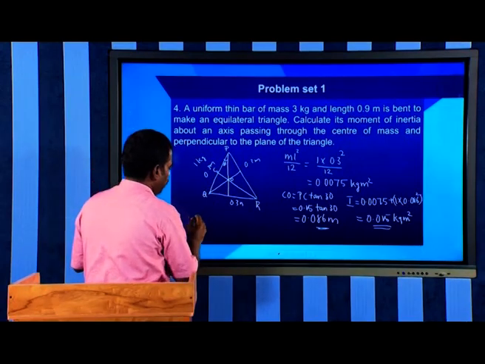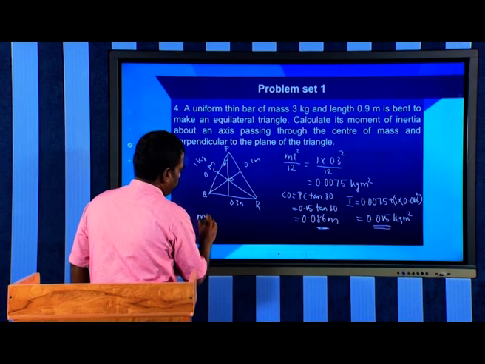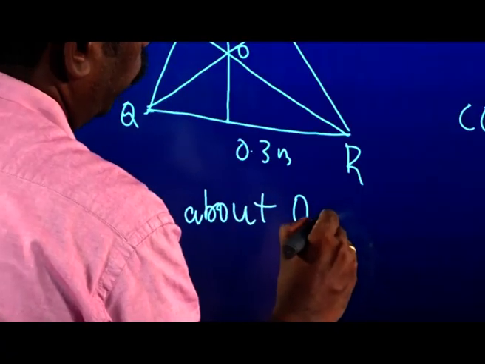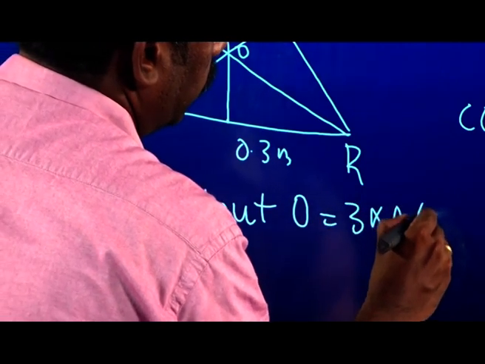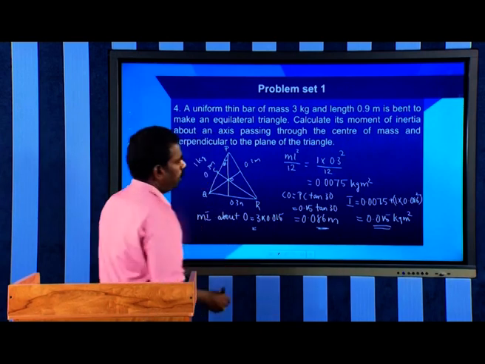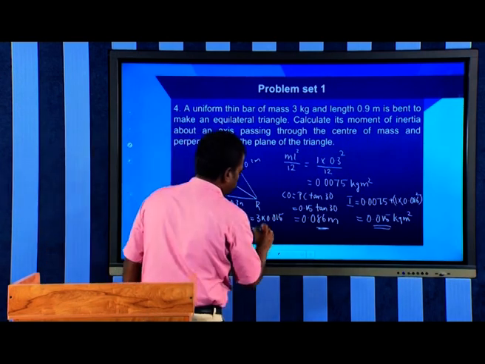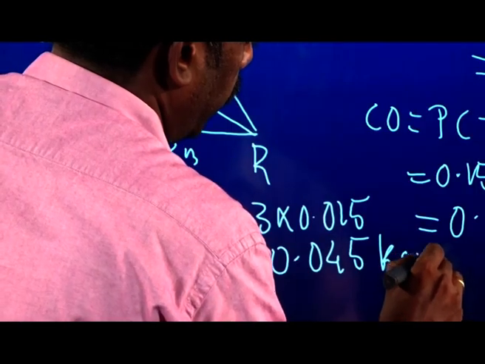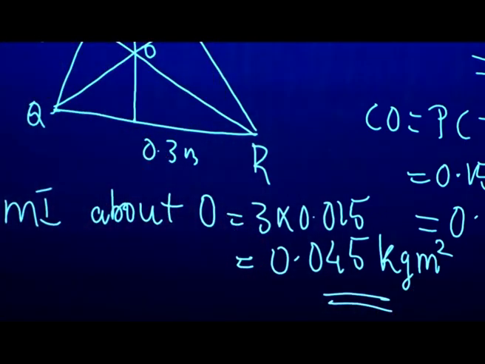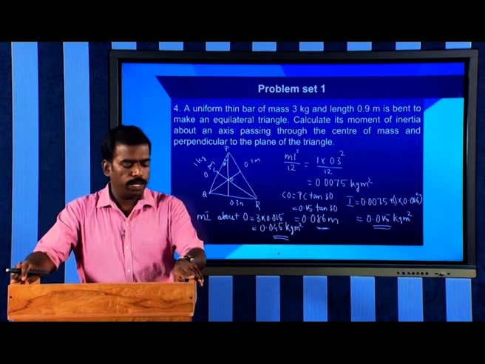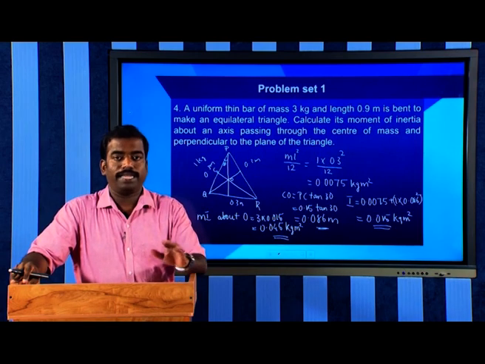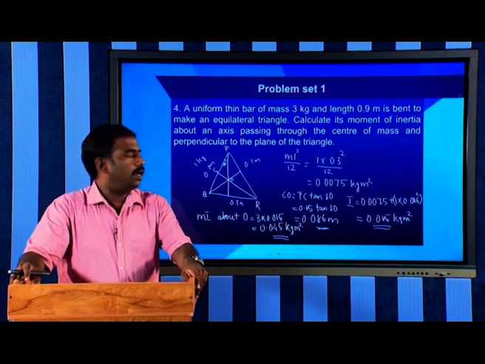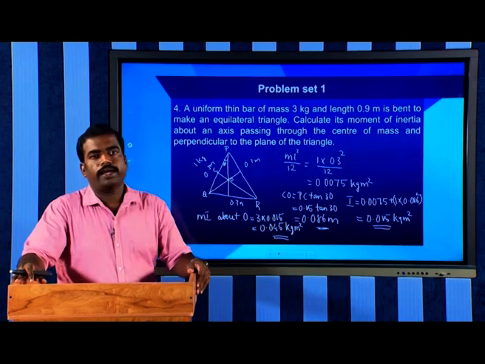So, the moment of inertia of the whole triangle about O equal to 3 into 0.015 kilogram meter square, which is 0.045 kilogram meter square. So, this is the answer. In this way you can find out the moment of inertia of the triangle about an axis passing through O. Hope you understood this problem. So, just do it very carefully.